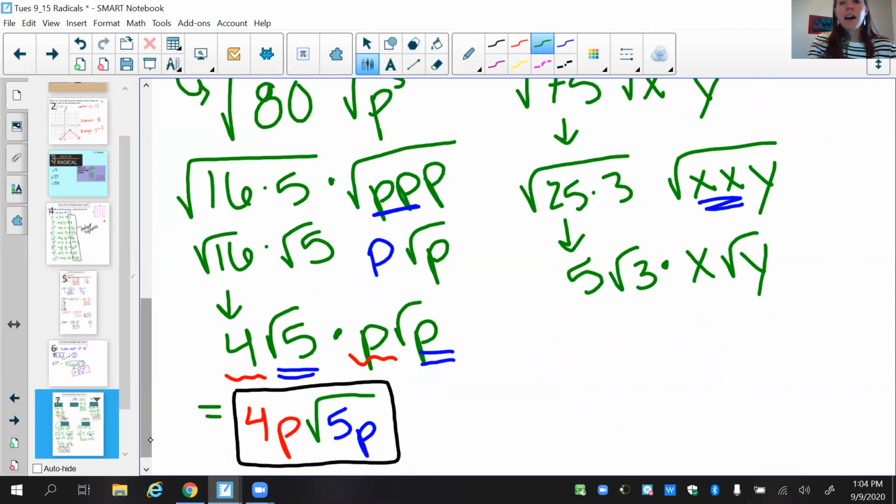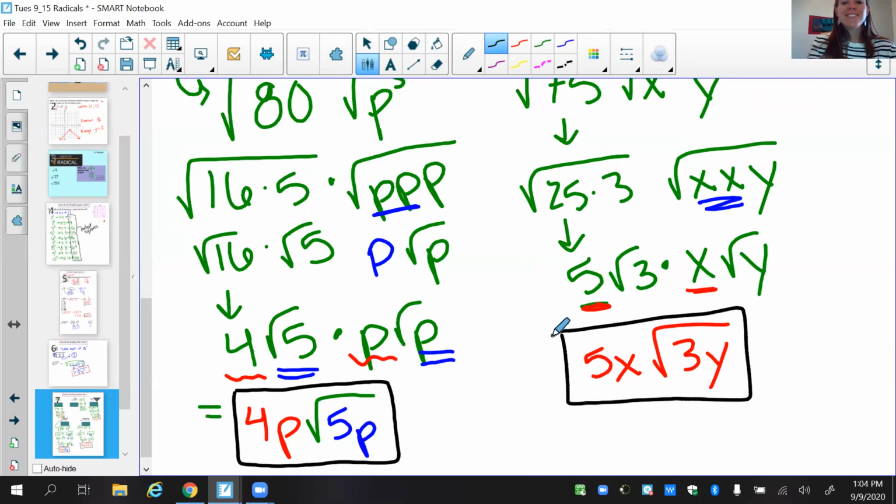I'm going to multiply the 5 times the x to get 5x. My square root sign, I meant to change the color, but that's okay. And then 3 times y. There's my beautiful answer.